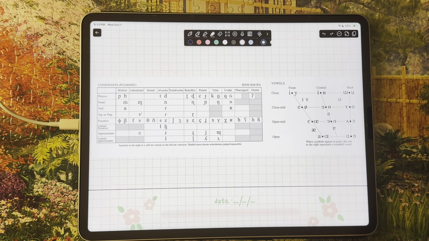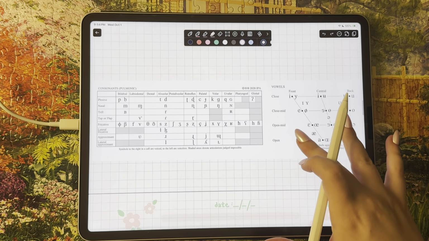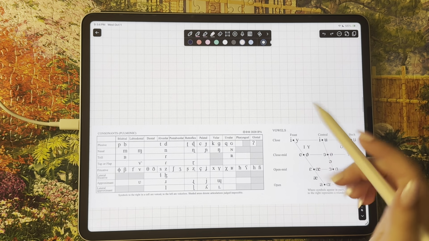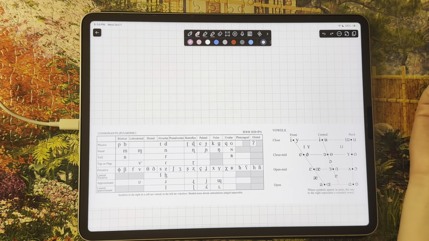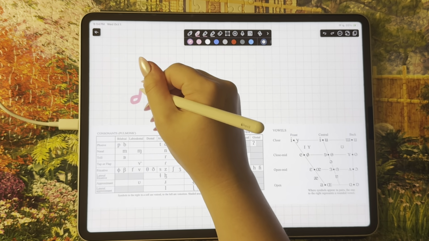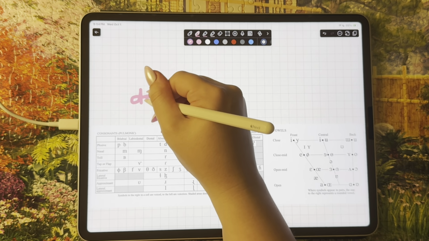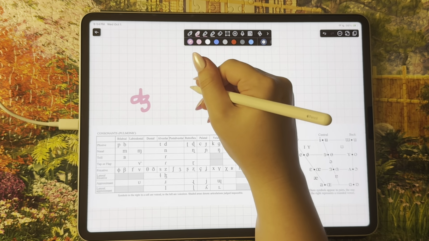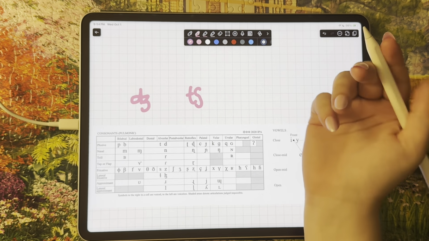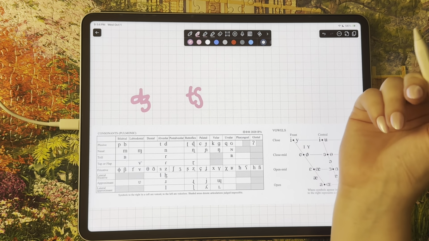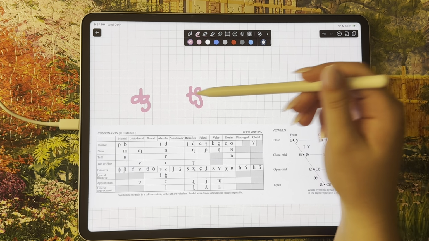I'm noticing that this chart does not have affricates, so I might go over those right here, because we have a few affricates, which are important because English has a lot of them.